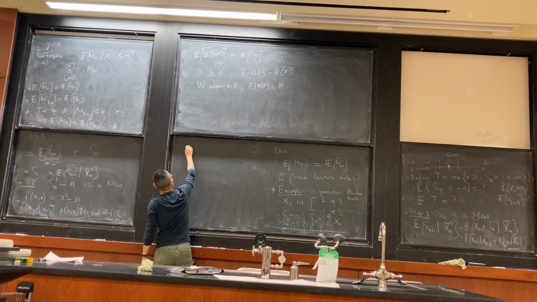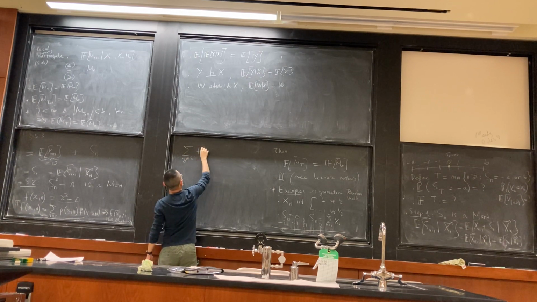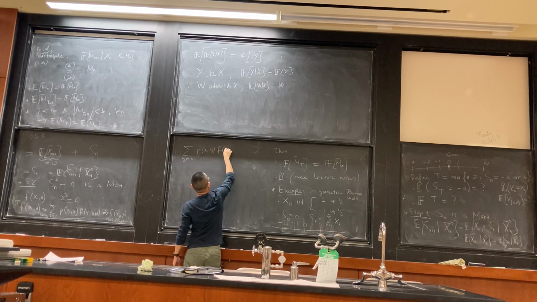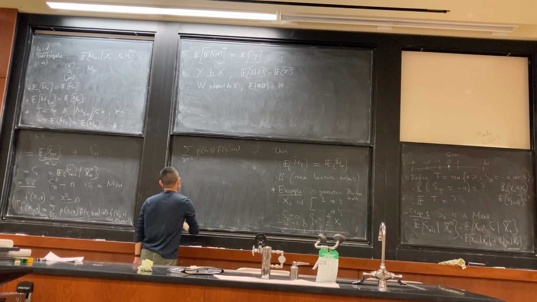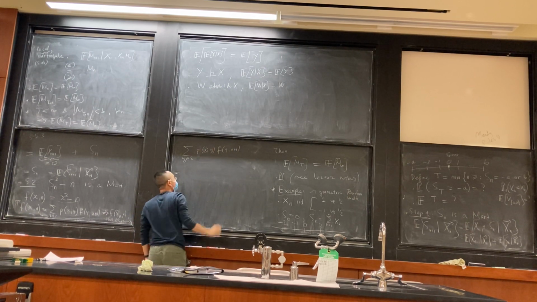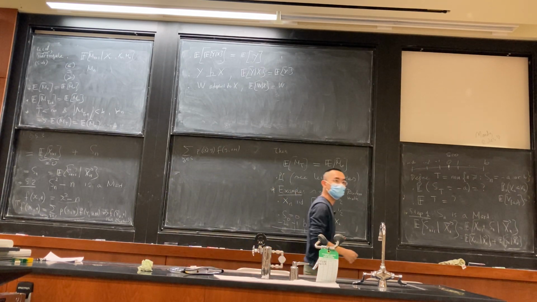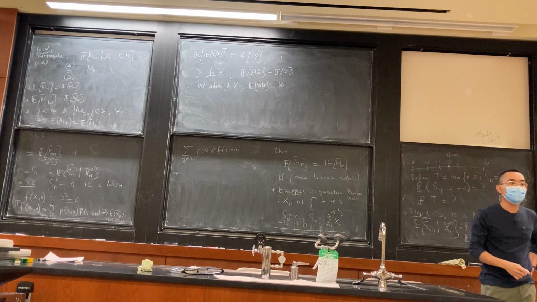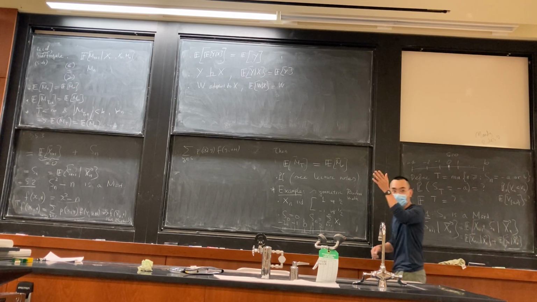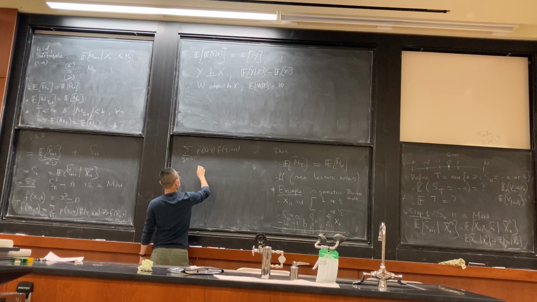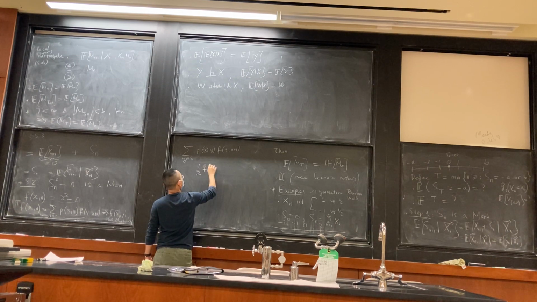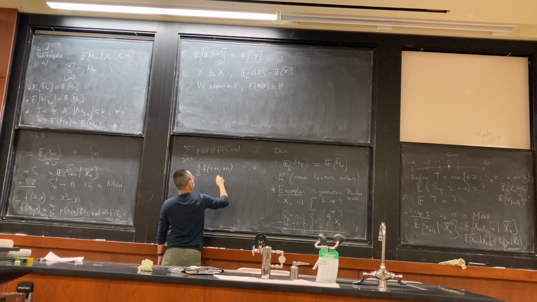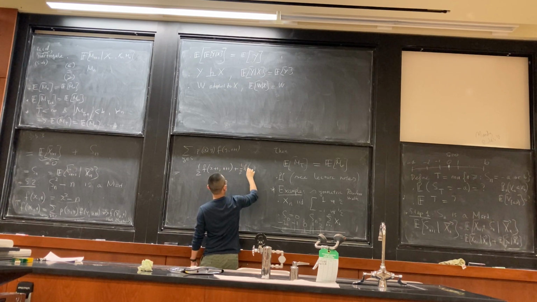Where can I go next? Either x plus 1 or x minus 1, right or left. With probability 1/2 I go to x plus 1, and with probability 1/2 I go to x minus 1.